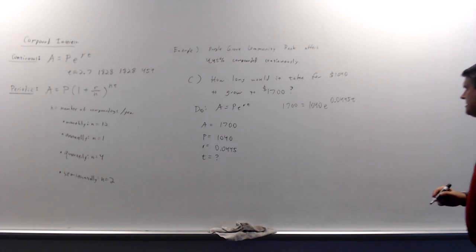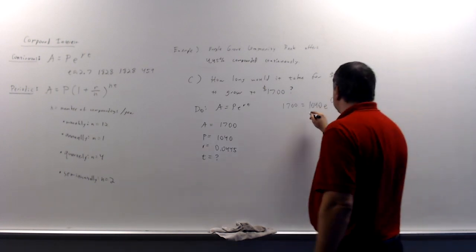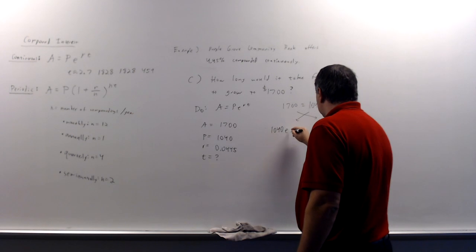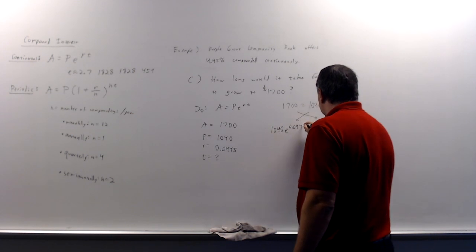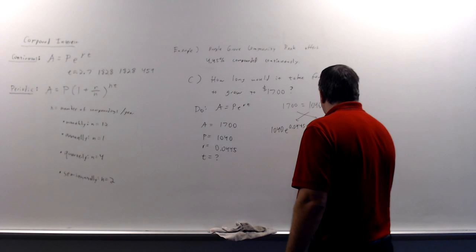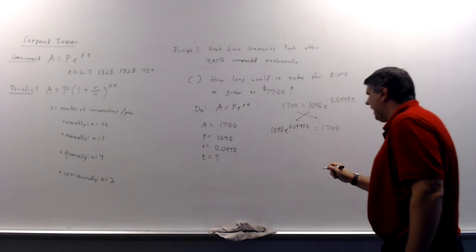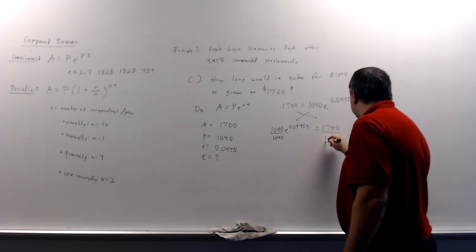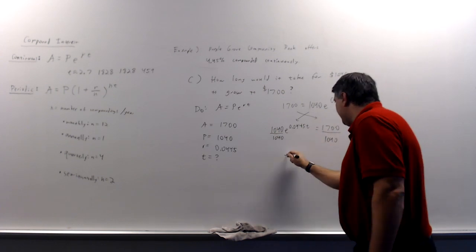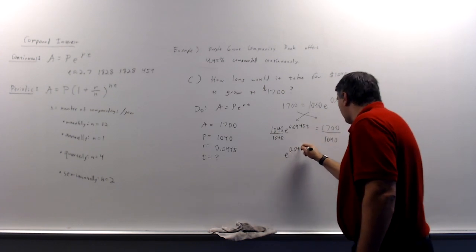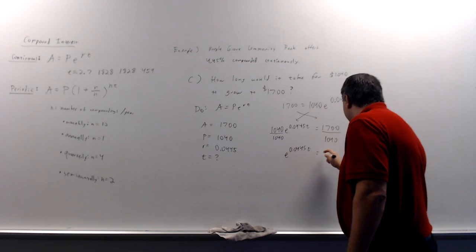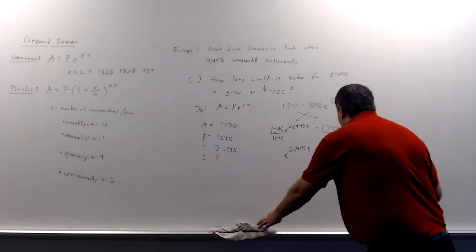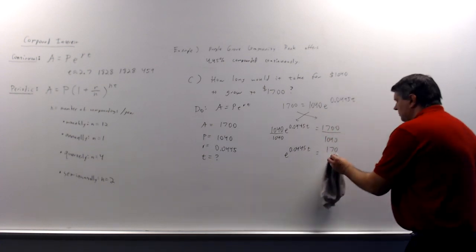Okay, t is my unknown, so I'm going to go ahead and switch the sides so it's on my left. Then I'm going to divide out that 1,040 and reduce. So e to the 0.0445 t power is 1,700 over 1,040. Actually, it can be reduced even more.